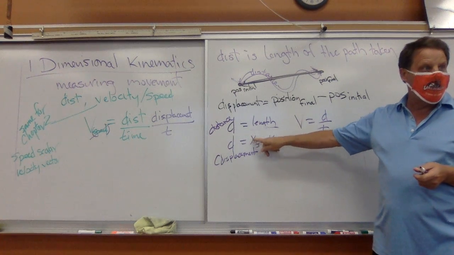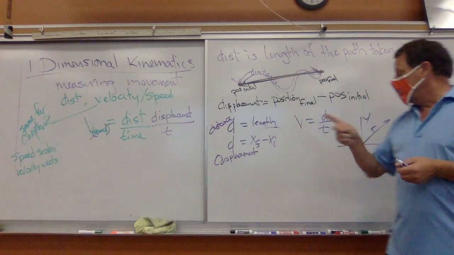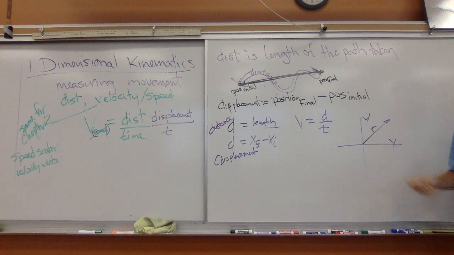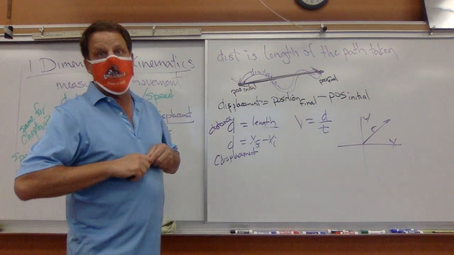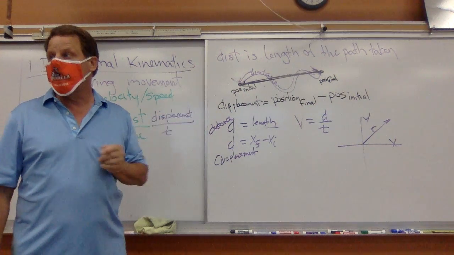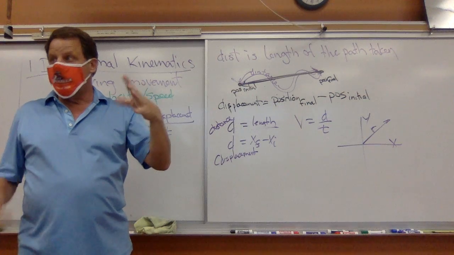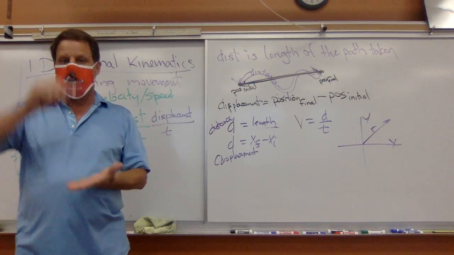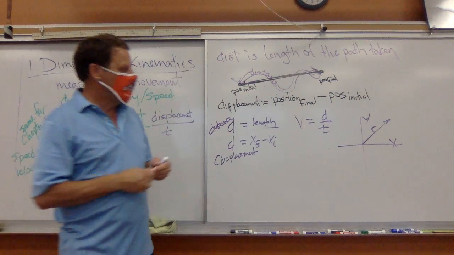You could have r final minus r initial, okay? So as long as you're going in one dimension, let's say in the x dimension, which we're going to do in the beginning here, then it's not really going to matter, because we're in the x direction. But we could also do that in the y direction, which we will talk about later in this chapter 2 when we talk about gravity. But it could be any direction, right?